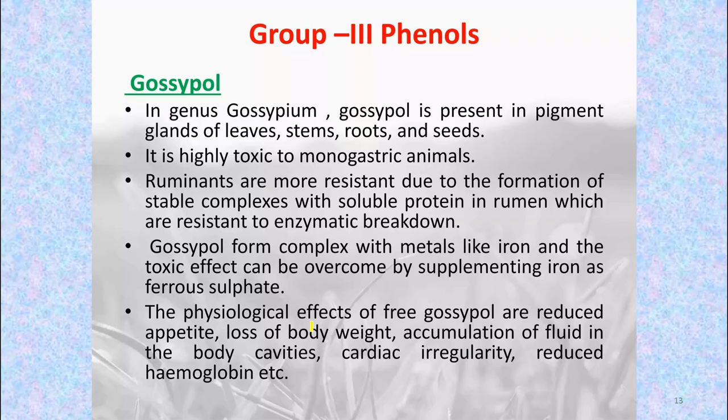Then group 3 phenols continued: gossypol. This is an age-old toxin, from Gossypium. Gossypol is present in pigment glands of the leaves, stems, roots, and seeds of the cotton plant.